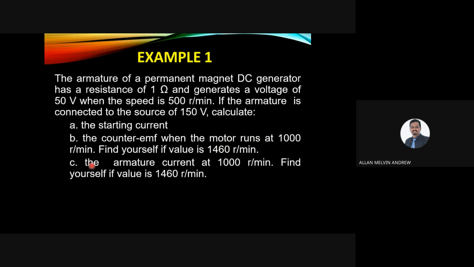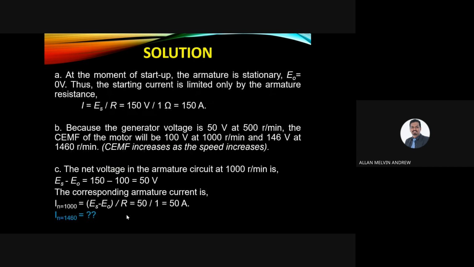And the third part, calculate the armature current at 1000 RPM. So find yourself if the value is 1460. So the net voltage in the armature circuit at 1000 revolution per minute is ES minus E0, so 150 minus 100 equals 50.